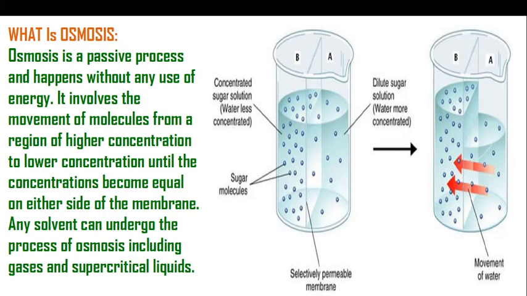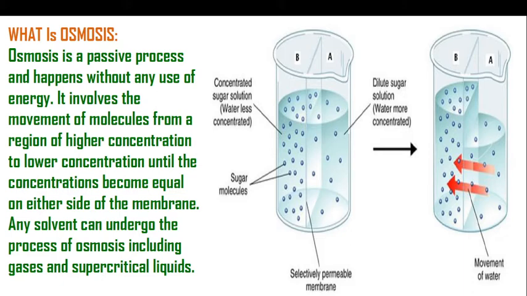Passive means no use of energy, it happens without any use of energy. It involves the movement of molecules from a region of higher concentration to lower concentration until the concentration becomes equal on either side of the membrane.